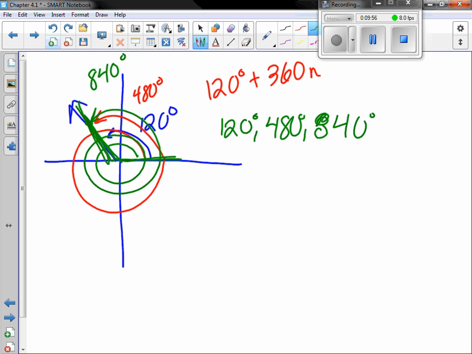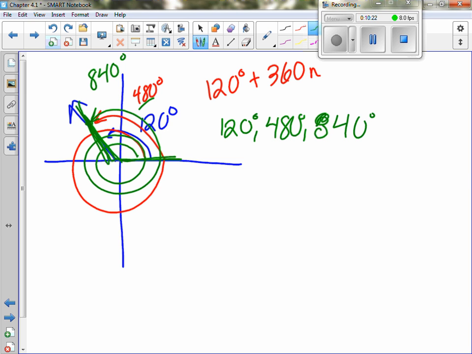It's almost as if you've ever cranked a wheel around. If I went to wherever it would be at 120 on that wheel, and then went all the way around again to 480, I'd be in the same position as I was for 120. I could do it all the way around to 840. So we're hitting the same spot. I'm just going around the circle one full time to get there.